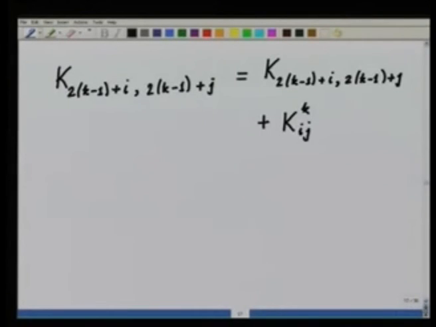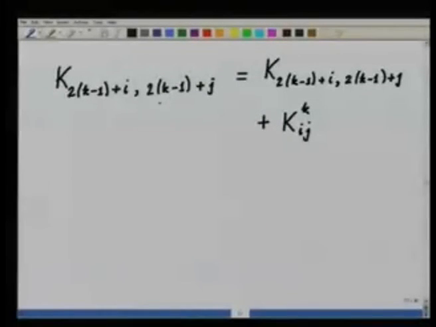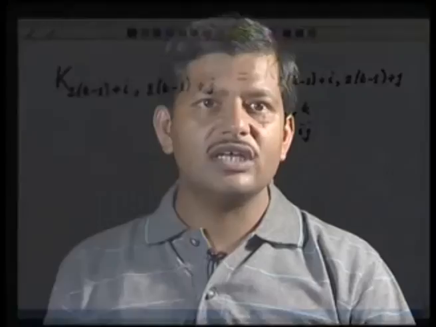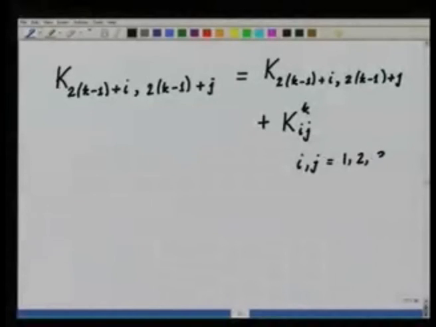To the global stiffness entry K of 2k minus 1 plus i, 2k minus 1 plus j, I am going to add the elemental ijth entry. So this is the assembly part as far as the stiffness is concerned, and this is for i, j equal to 1, 2, 3.